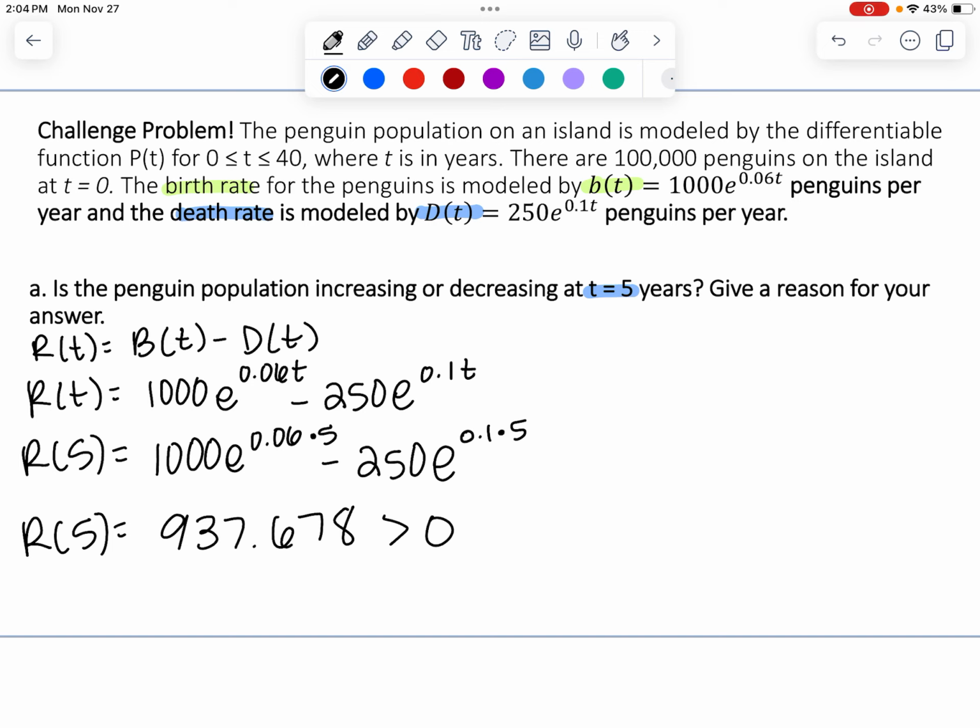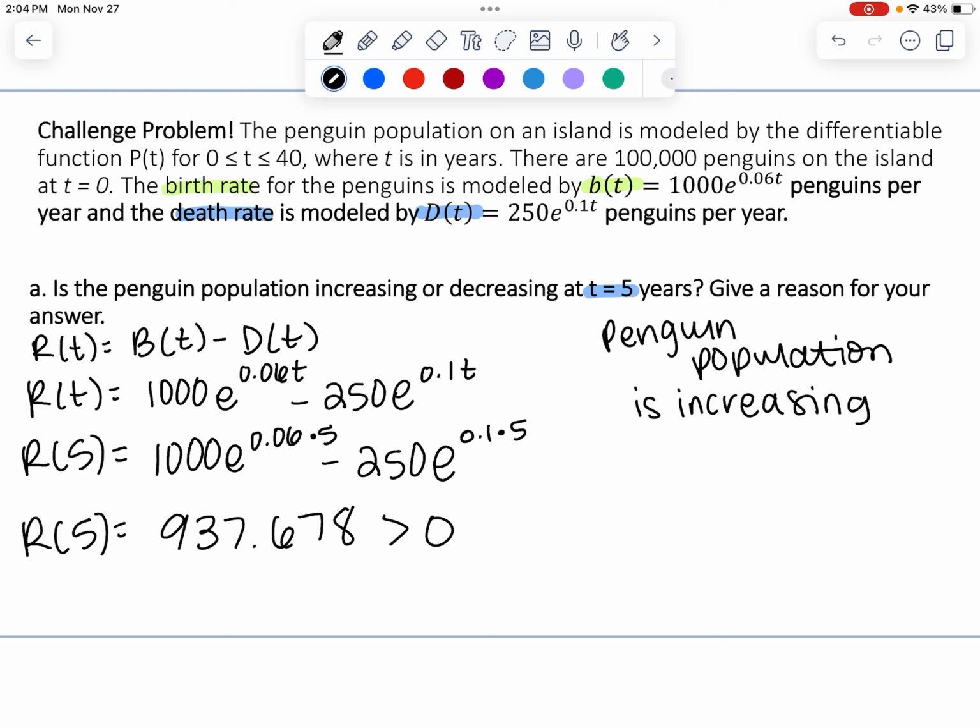And so what that means is the penguin population is increasing at 5 years because r of 5 is greater than 0, which essentially means that the birth rate is higher than the death rate. And so that is how you do these problems. You really just have to use some logical thinking, think about what you have and what do you need. Good luck.